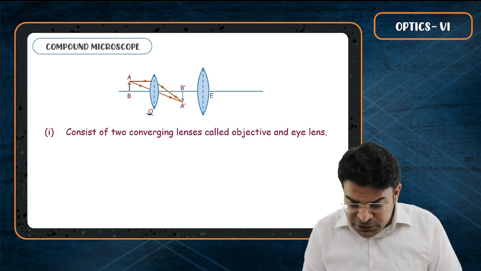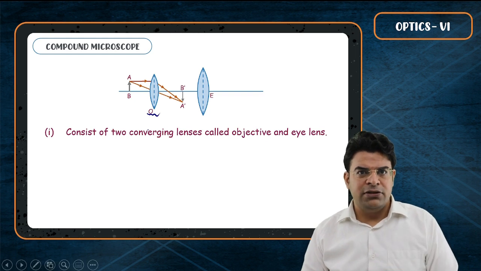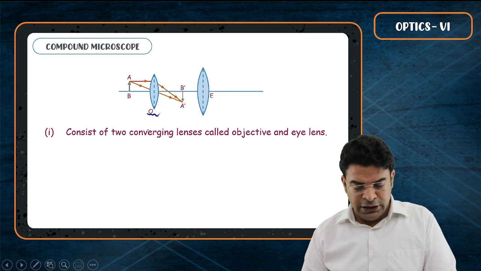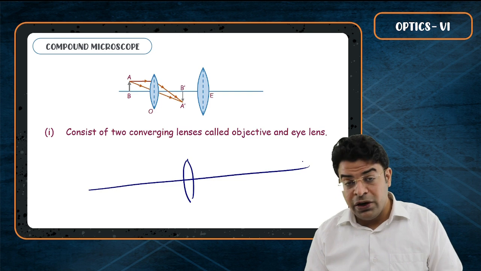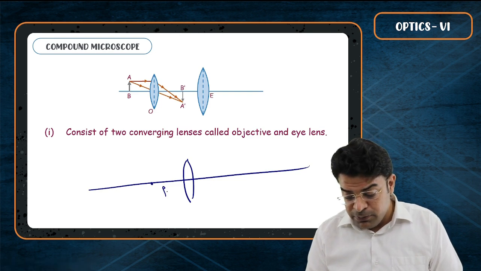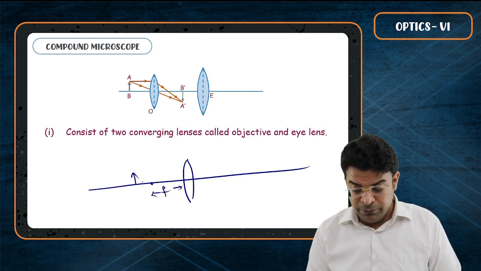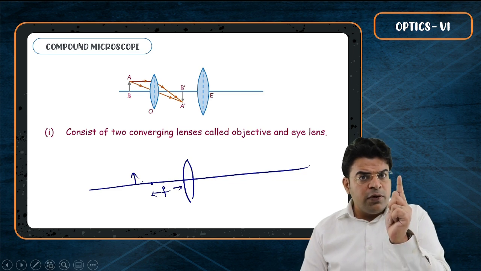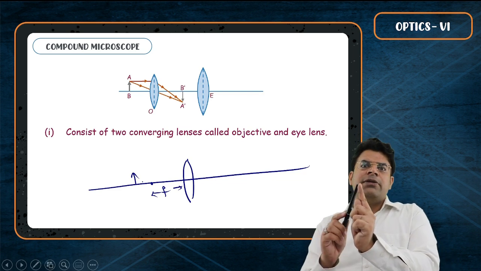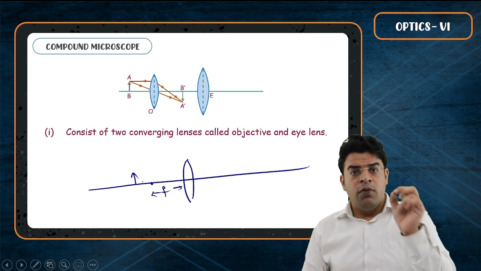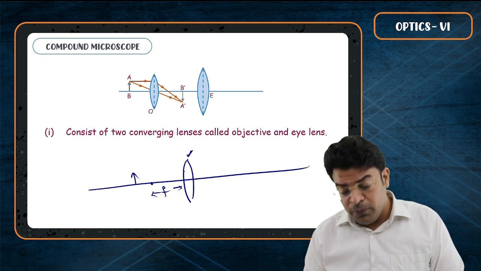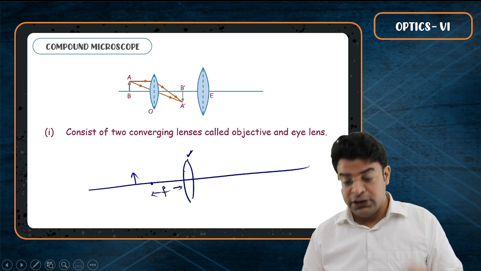Now for this objective to form a real image, where should the object be placed? So sir, a lens makes a real image when the object is placed outside its focal length. If you place the object between the focal length and the optical center, then the image formed will be virtual. For this lens to form a real image, the object must be placed outside the focal length.